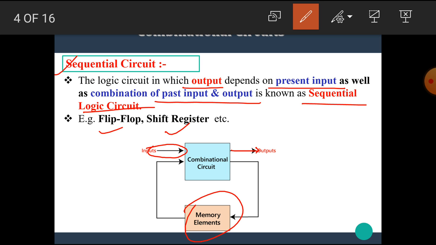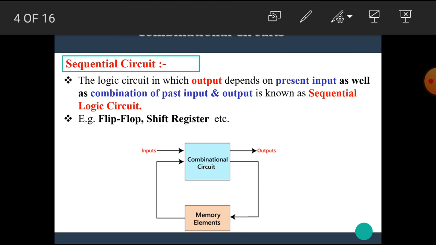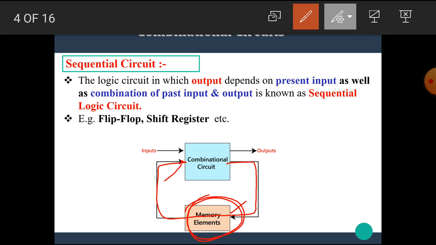For the past input and output value, we have to use the memory element. That means in a sequential circuit, we use the feedback strategy to store the past output value, using the memory element.